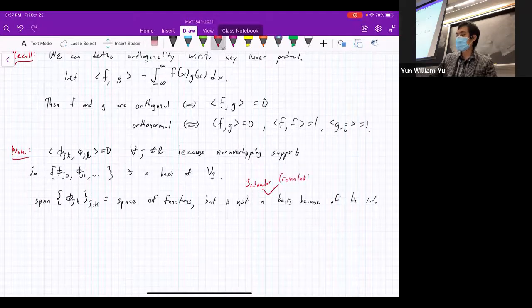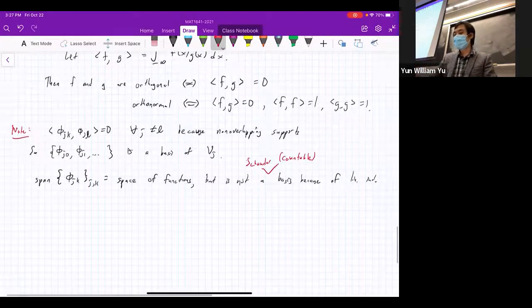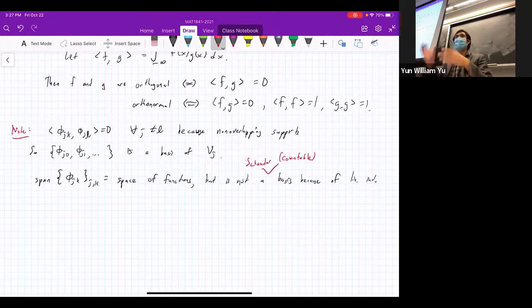We're not going to go into too much functional analysis here, but basically you have to be careful about defining infinite bases in function spaces, and we're just going to sweep all of that under the rug. The idea is that we have something that spans the space of functions up to approximation error that you can get down to 0 by taking finer and finer grained resolutions.